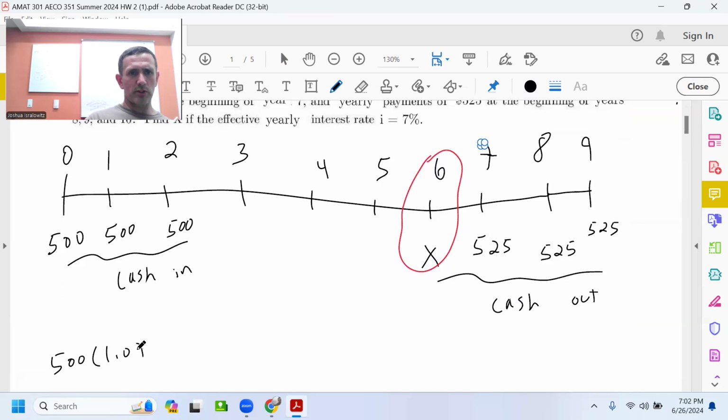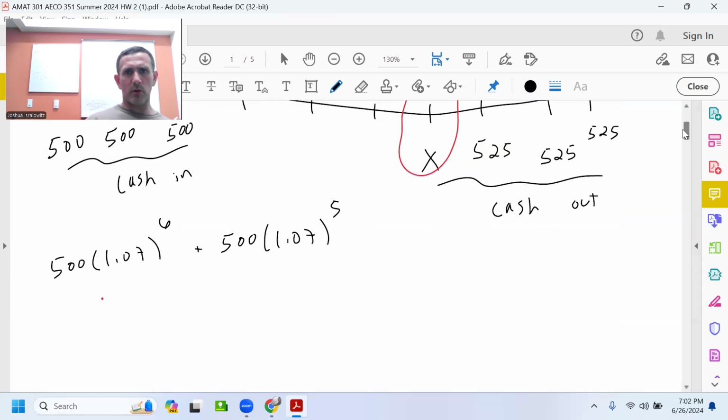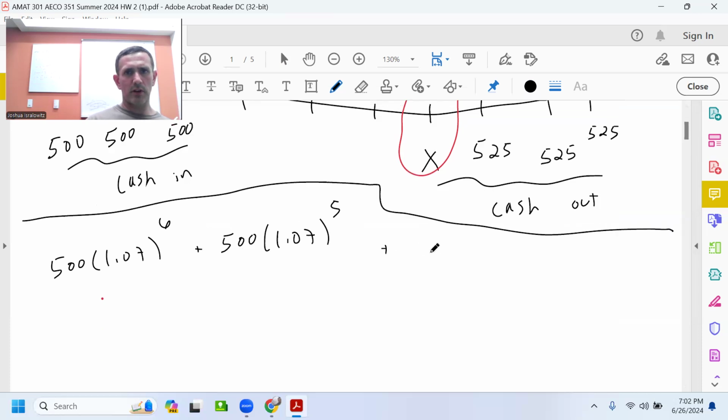500 times 1.07. Interest is at 7%. This 500 grows by 1, 2, 3, 4, 5 years. Et cetera, et cetera. Sorry, this is going to get a little crowded. So for the cash in, this is the only other one.